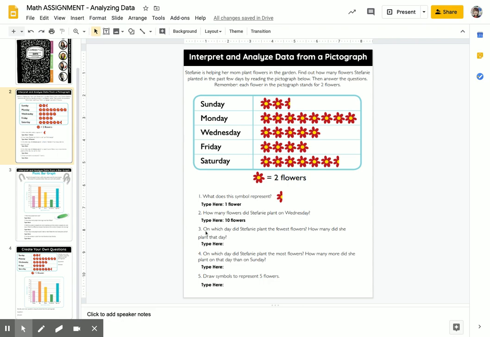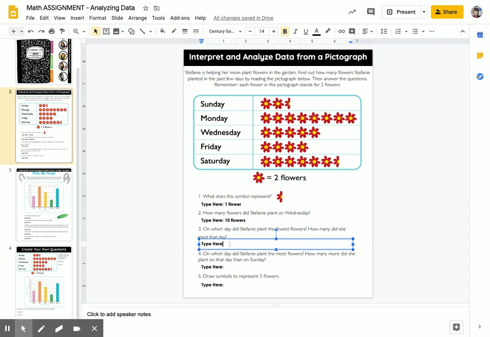Question number 3 says, on which day did Stephanie plant the fewest flowers? It also says, how many did she plant that day? So there's 2 parts there. So visually, just by looking at the graph, we can tell that because this is the shortest line going from left to right, we know that this is the day that she planted the fewest flowers because the pictures are the shortest of the 5 days.